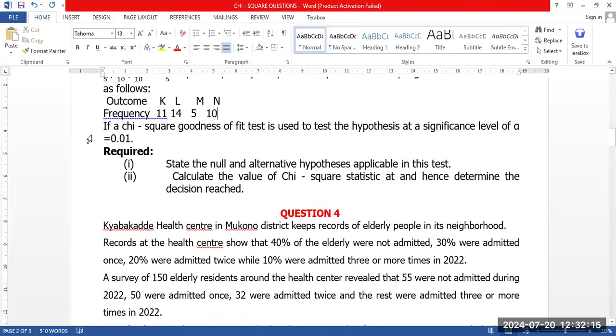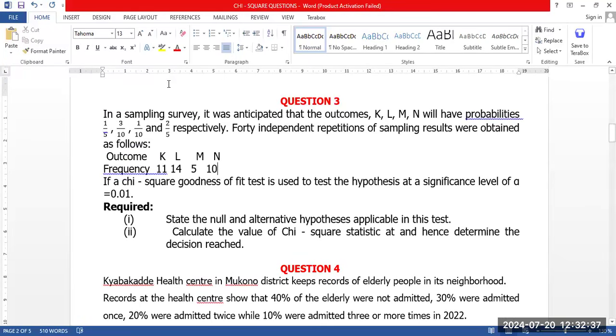If a chi-square goodness of fit test is used to test the hypothesis at a significance level of 0.01, state the null hypothesis applicable in this test. How do you state the null hypothesis? How do you state the alternative hypothesis?